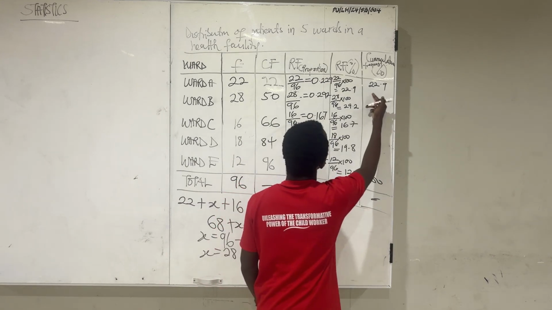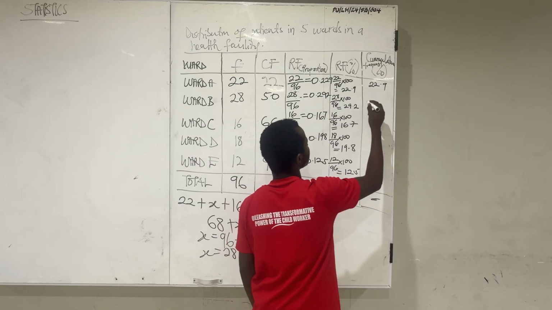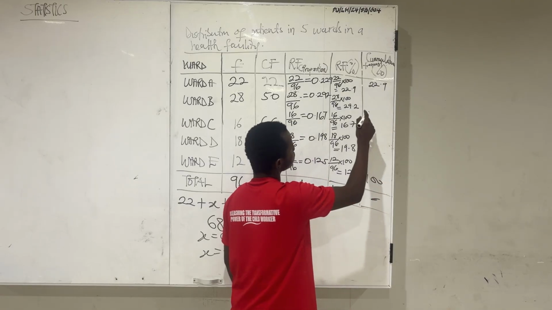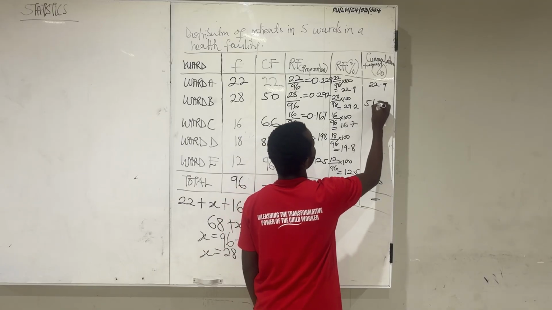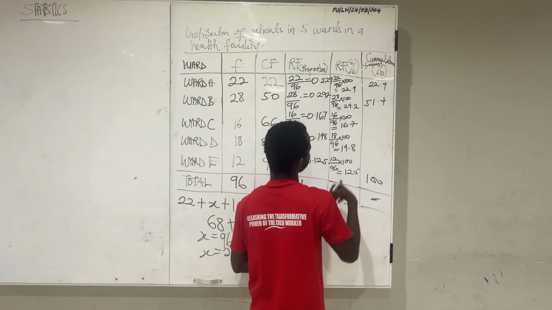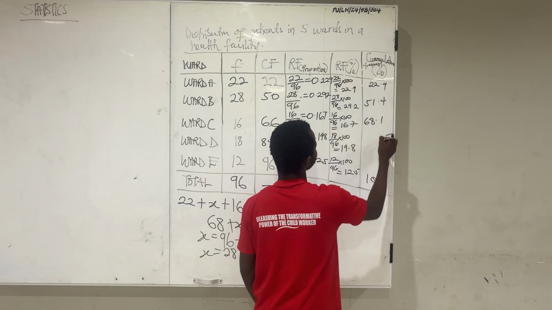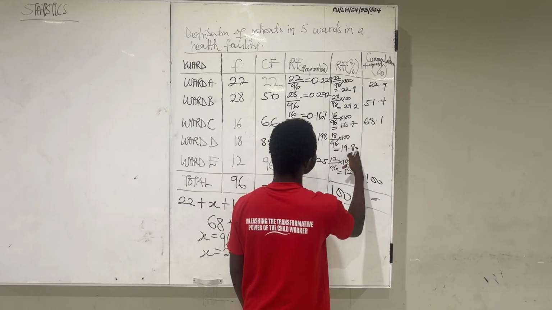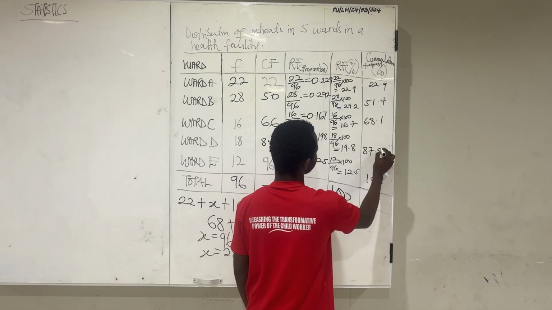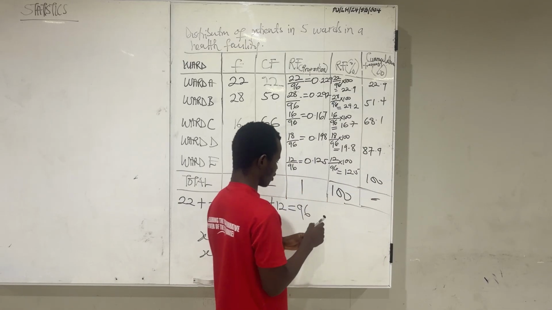So the 22.9 plus 29.2 is 51.4... wait, 51.4 plus 16.7 is 68.1. 68.1 plus 19.8 is 87.9. Then 87.9 plus 12.5 gives you 100.